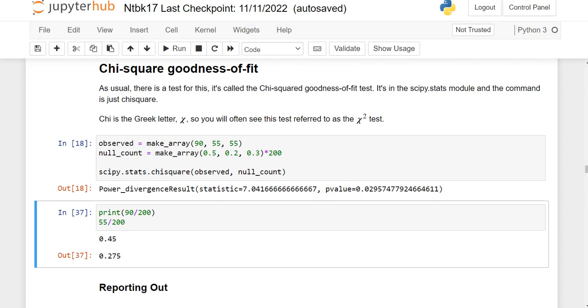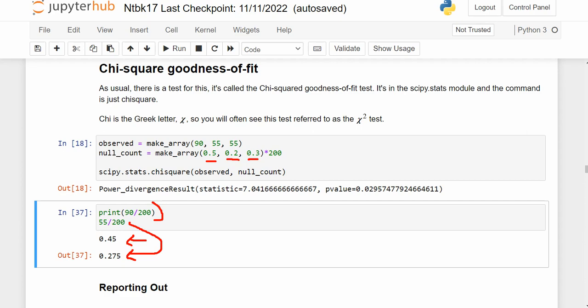And notice that, again, they're doing this. We were expecting the bus to be very late 45% of the time, and the 55 over 200 is 27.5. So you can compare those values of 0.5 to 0.45, and the 0.2 and 0.3 came out to be 0.275.